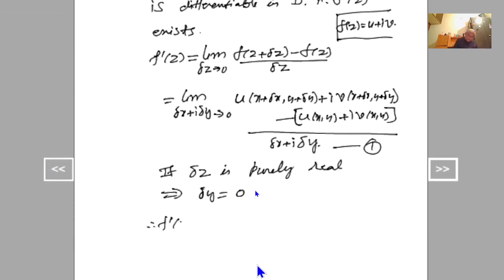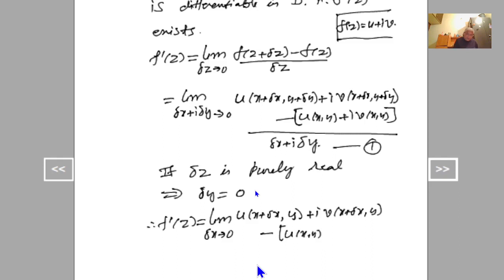Therefore, f dash of z is equal to limit delta x tends to 0 of u of x plus delta x comma y plus i into v of x plus delta x comma y, because delta y equals 0, minus u of x comma y plus i into v of x comma y, divided by delta x.